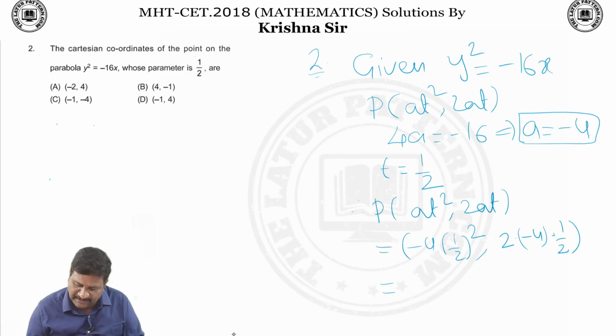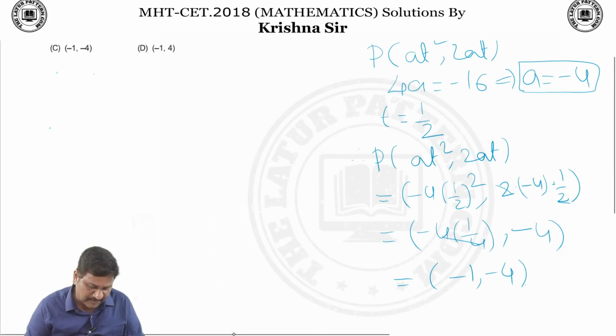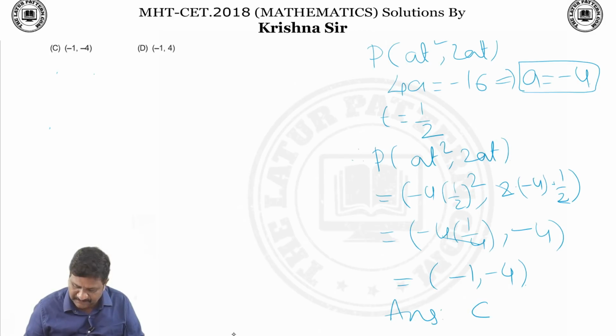Now what are we getting here: minus 4 into 1 by 4. Similarly here the 2 gets cancelled, minus 4. Now here the 4 gets cancelled: minus 1 comma minus 4 is our option. So from the options the answer is C.